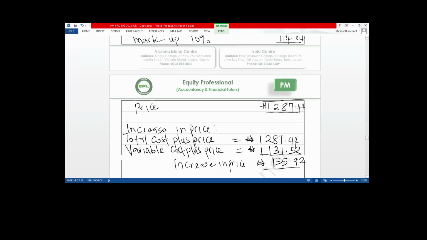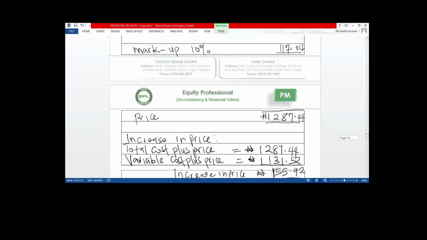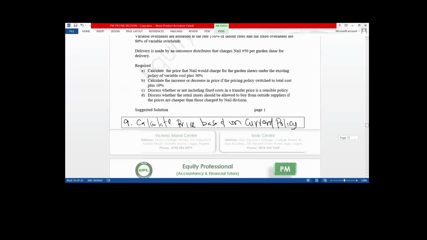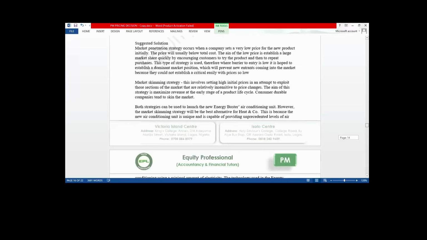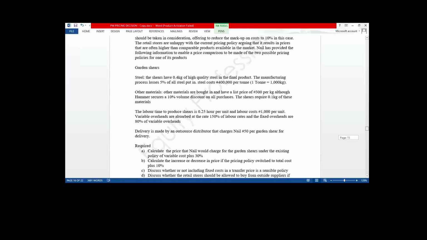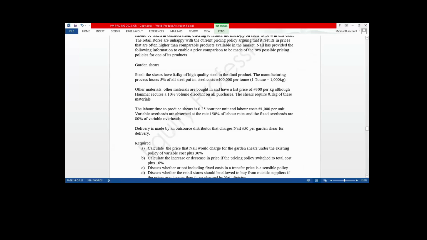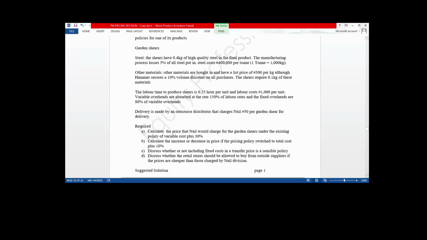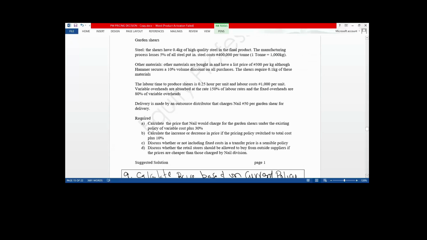The other questions are just theories. Let's look at requirement C. Please, you can always ask your question. Requirement C says discuss whether or not including fixed costs in a transfer price is sensible.